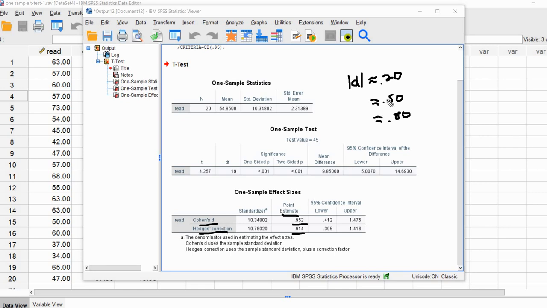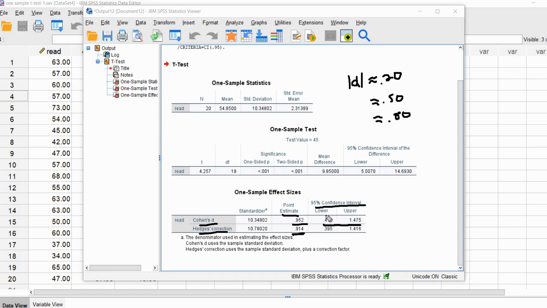And by extension, if we use that same set of conventions for Hedges' g, that would also suggest a large effect. You can also see that we have a confidence interval formed around that estimate.